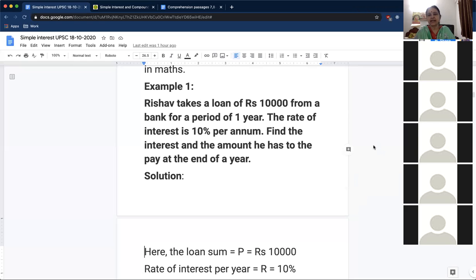Find the interest. I is equal to PTR by 100. Simple direct question. T, time, is 1 year. R is 10% or 10 by 100. So what will it be equal to?